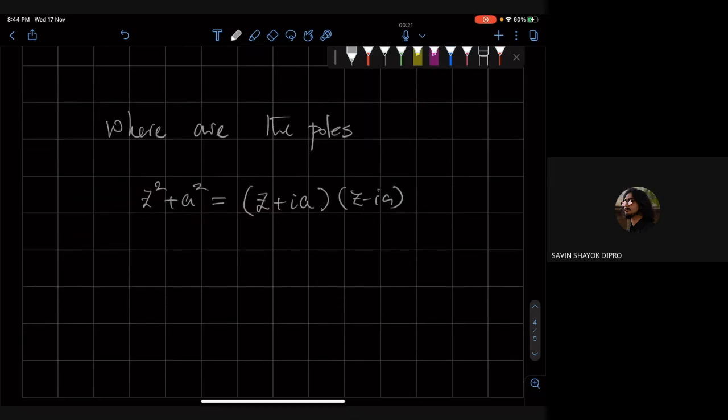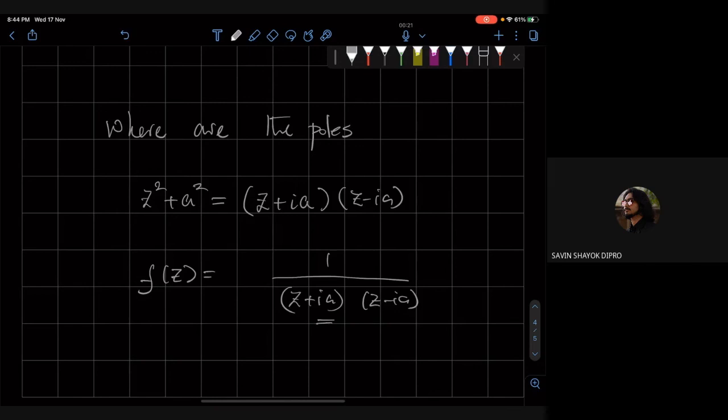And therefore f of z is 1 over z plus ia times z minus ia, and we see that these are the poles, plus ia and minus ia. This is the plus ia pole, and this is the minus ia pole.